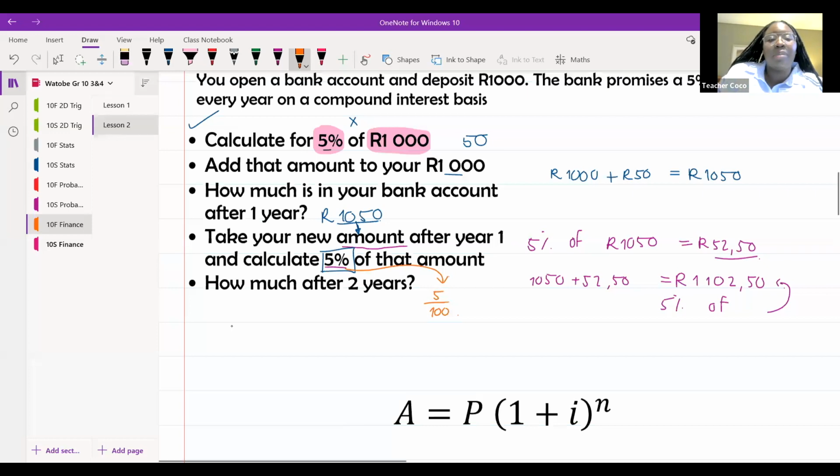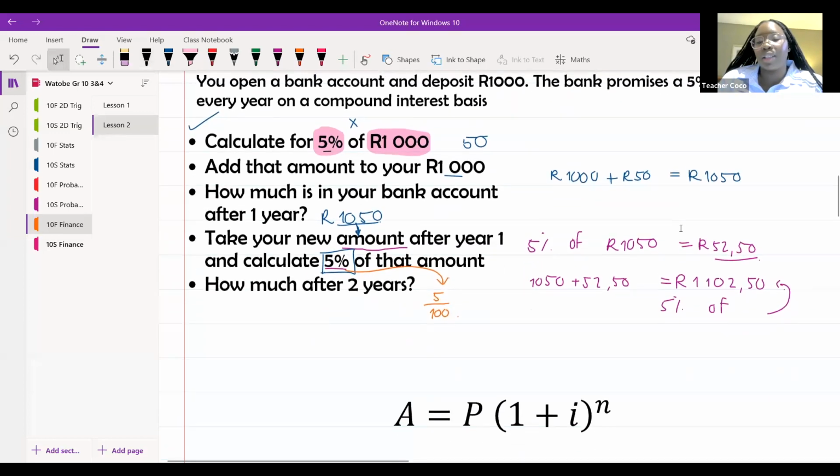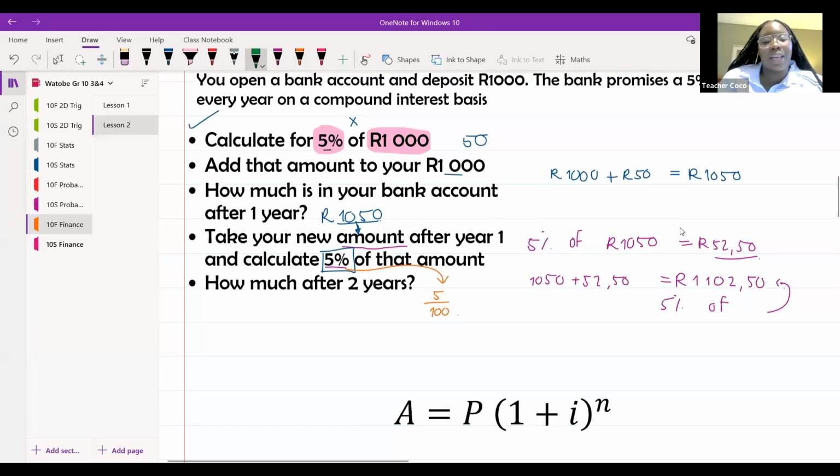All right, now let me ask an easy question. Anybody can put their hand up here and answer this question for me. If I said to you guys that I have 2 to the power of 4, what is my answer? Everybody can put that in the chat and explain to me how we got there. What is 2 to the power of 4?